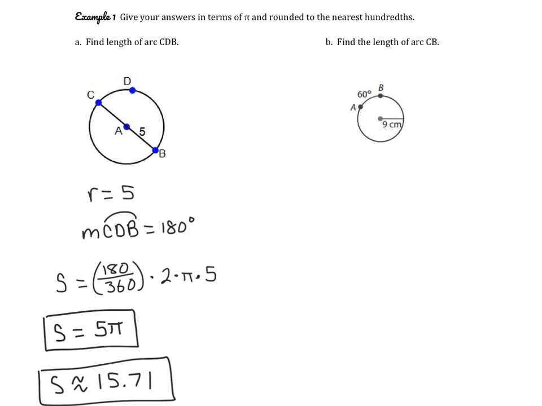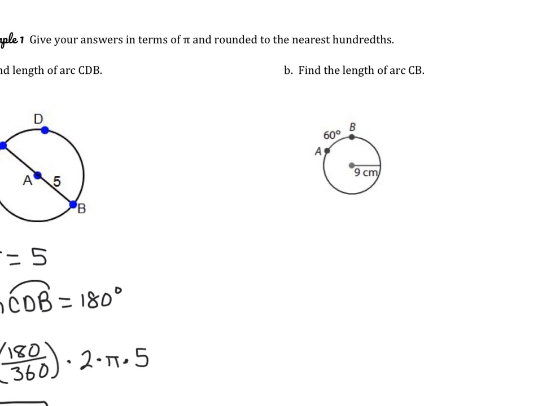Okay, let's try part B. Here they would like us to find the measure of arc. Oops, looks like there's a little typo here. Let's change this to arc AB. Here we can see that we have m, which is 60 degrees, and we have our radius, which is 9.